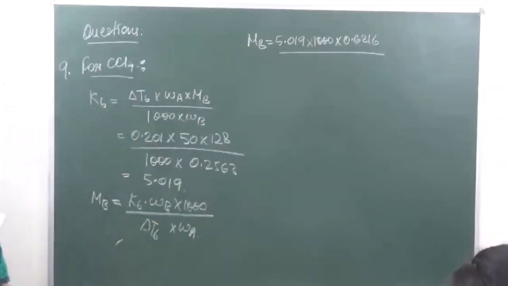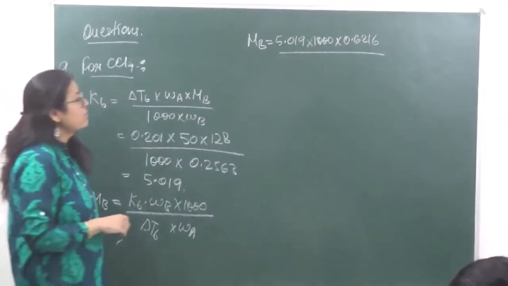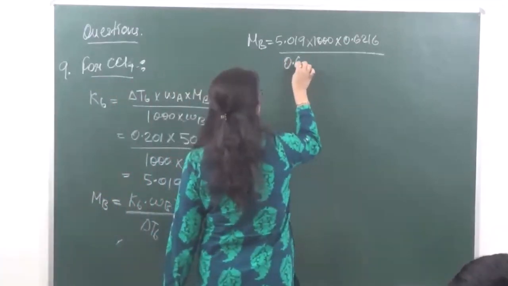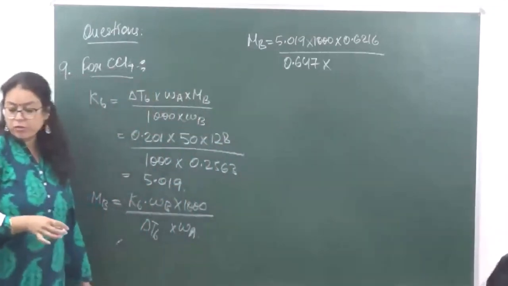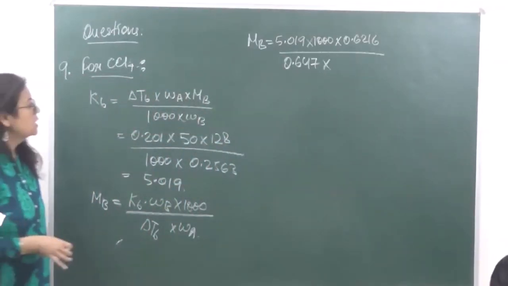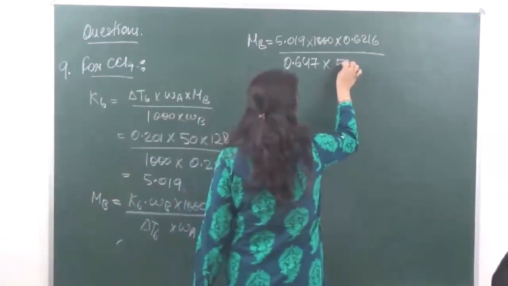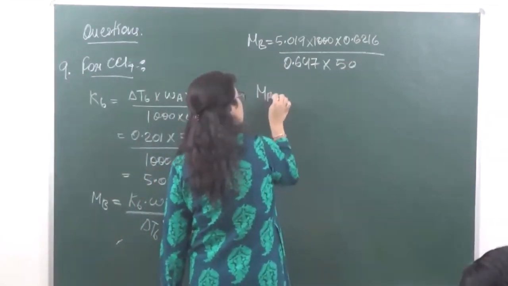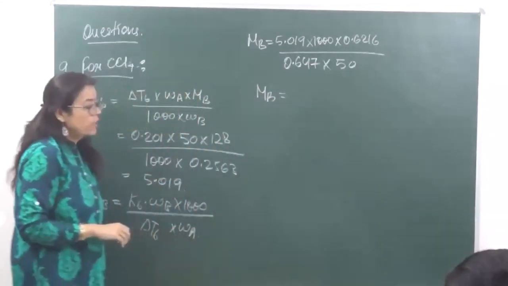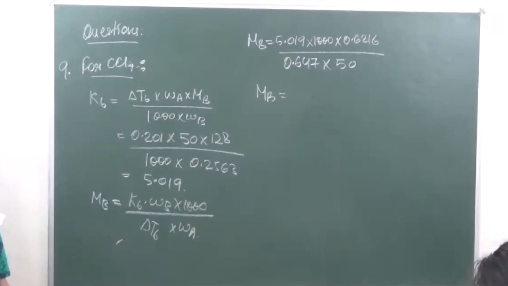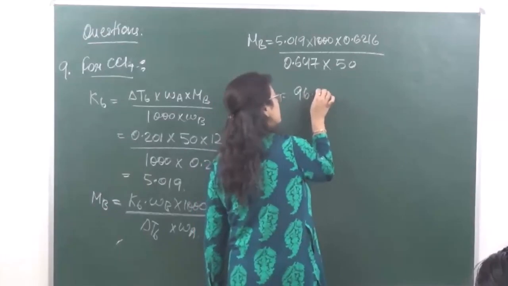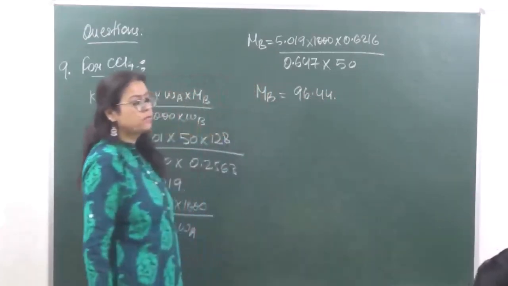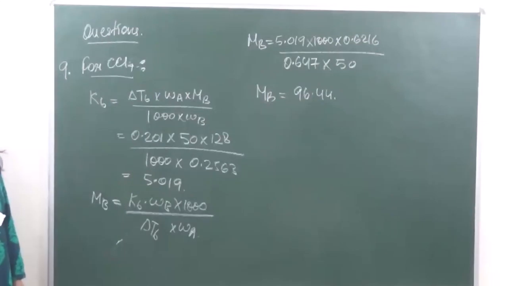Delta Tb given to us in the question is 0.647 into Wa. Weight of the solvent given to us is 50. So Mb when calculated by this, it is coming to 96.44. Okay? Got it? So let's do only till here. Right?